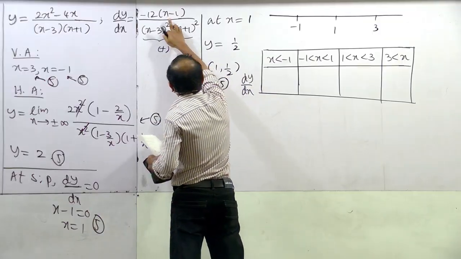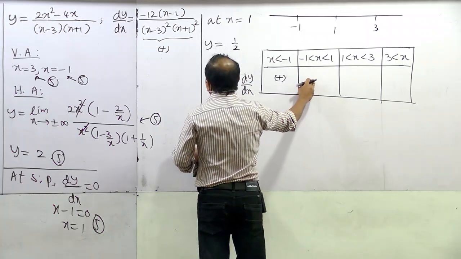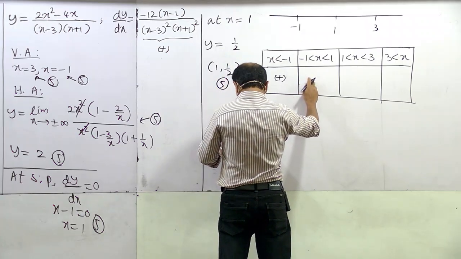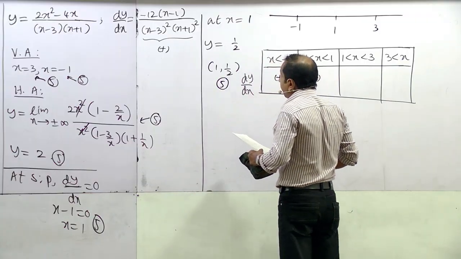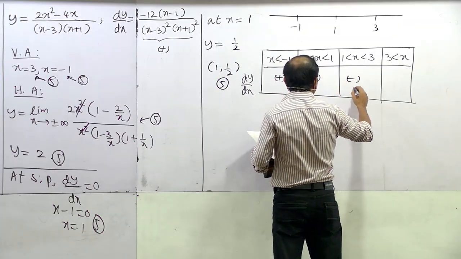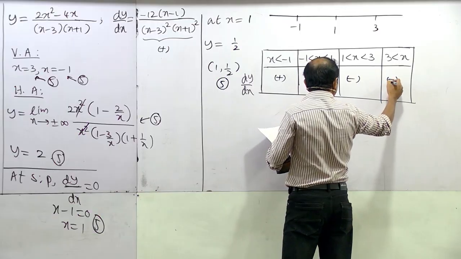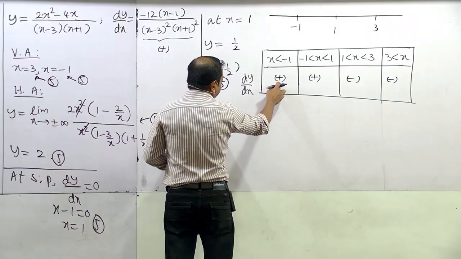When I put like minus 2, we get plus here, and here also plus. Between 1 and 3, like 2, minus. Greater than 3, also minus.